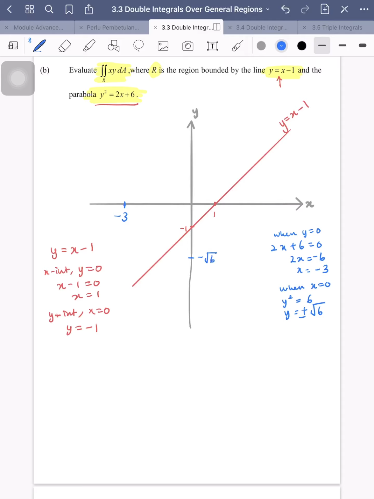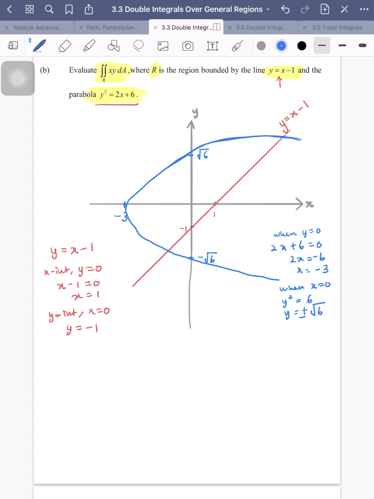You can use your calculator. If it is bigger or smaller than negative 1, it becomes down here, and if it is bigger, it goes up from the negative 1. So negative root 6, and positive root 6. So you get this. You can just connect the 3 points, you will get the parabola here. Okay, it's okay.